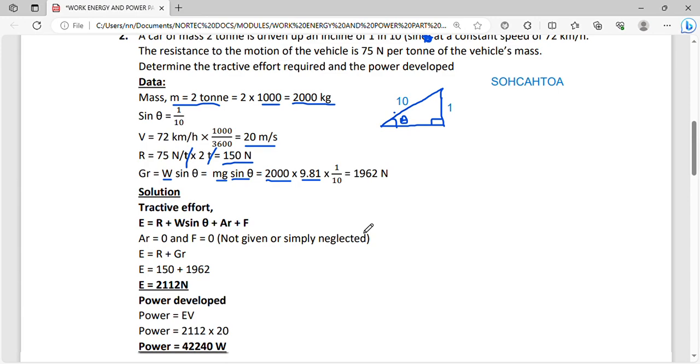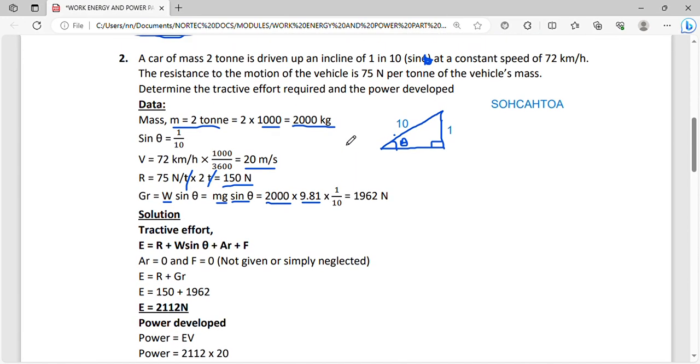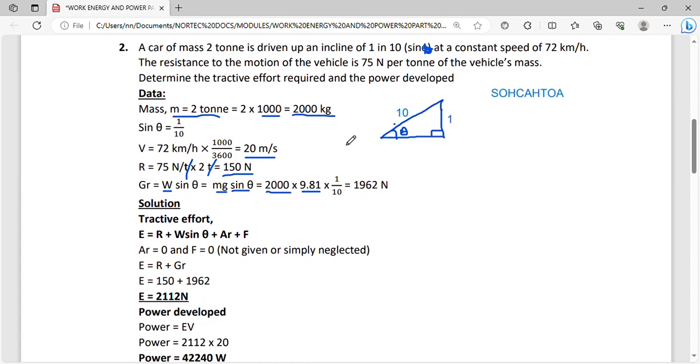All right, then let's pick up. If you look at this one, there's one more thing that hasn't been mentioned. This car is running at a constant speed, meaning it's not accelerating.